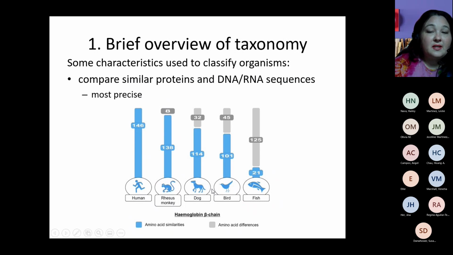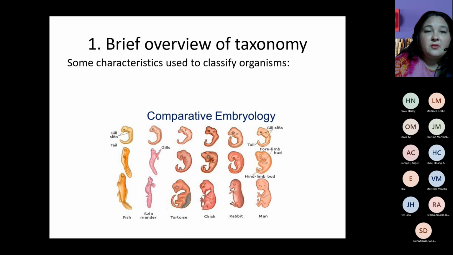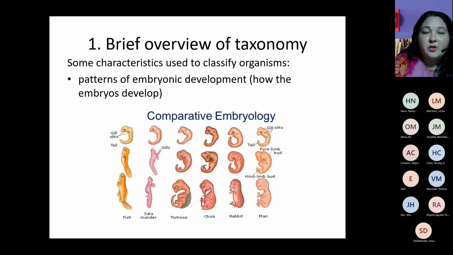And if you had never seen these organisms before in your life, you would be able to tell just from this data that this organism and this organism are pretty closely related, whereas this organism and this organism are not very closely related. And indeed, humans and rhesus monkeys are pretty closely related, but humans and fish are not so closely related.